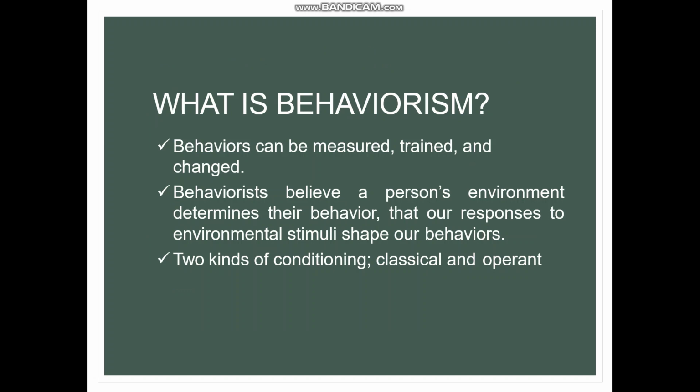Okay, before we go to the differentiation between classical and operant conditioning, we have to be able to define what behaviorism is. Behaviorism is a theory which believes that behaviors can be measured, trained, or even changed. Can we? Yes, I do believe that as well, because if we have a condition that stimulates us, it will change our behaviors.